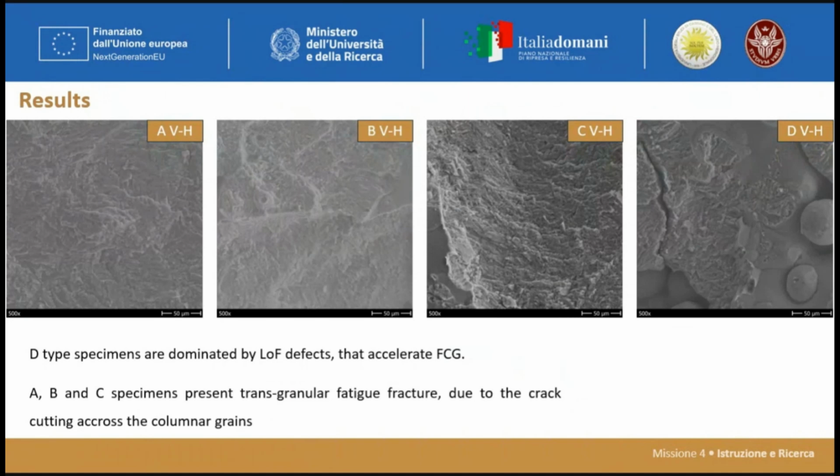In fact, in this type of material, the grains are elongated along the growth direction. This is a particularity of this process. Instead, for case D, we can observe a big defect, a lack of fusion defect, also unmelted particles, and this explains the low resistance of this specimen.